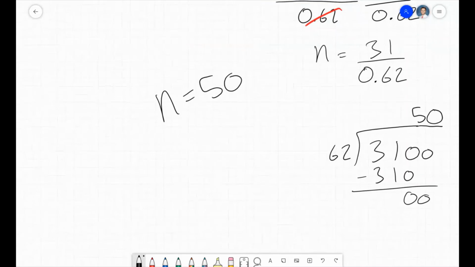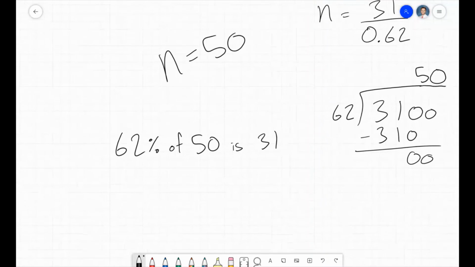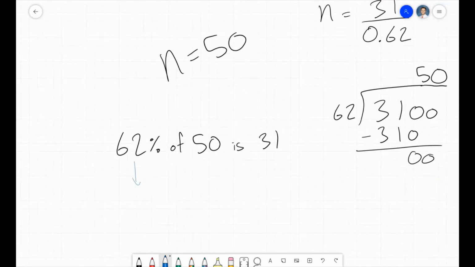And again, we could go check our work on that. 62% of 50 is 31. So 62% becomes 0.62, "of" becomes multiplication, "is" would be the equal sign, and 31.